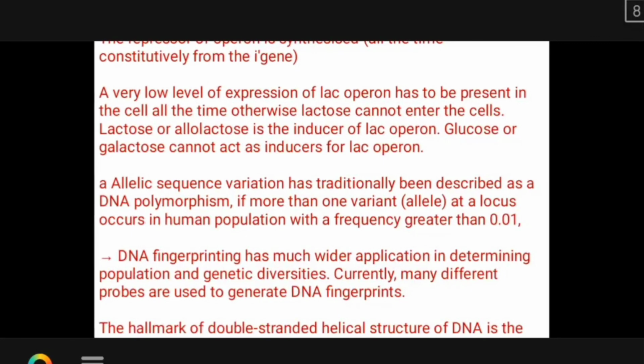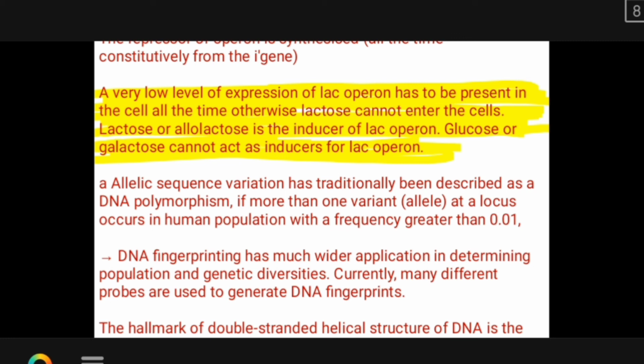Otherwise, the lactose cannot enter the cells. Lactose or allolactose is the inducer of the lac operon. Hence it is also called inducible, because by addition of lactose or allolactose you can switch it on. In the absence of lactose, it is switched off, and a very small quantity is required, because otherwise the lactose cannot enter the cell.